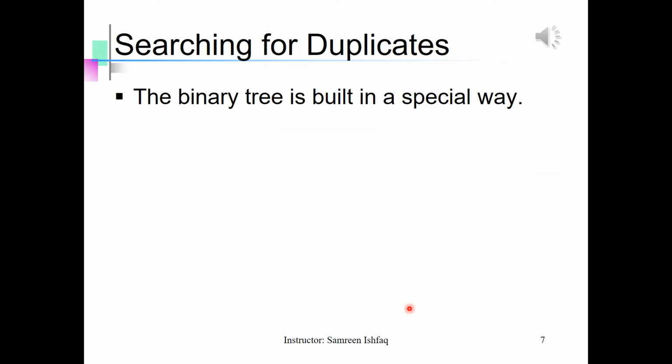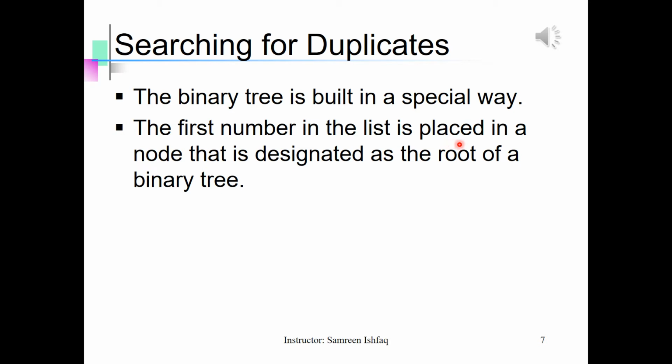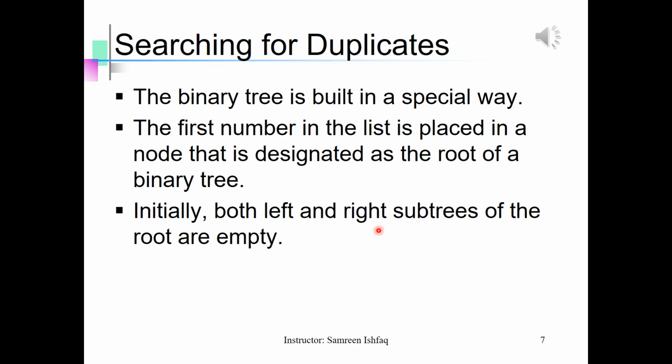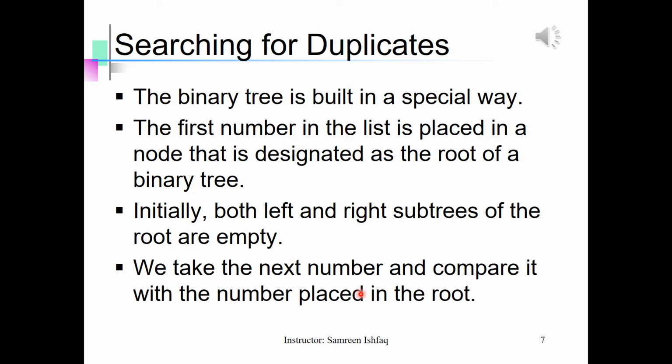While searching for duplicates, we are going to build a binary tree in a special way. The first number in the list is placed in a node that is designated as the root node of a binary tree. Initially, both the left and right subtrees of the root will be empty, and we will take the next number and compare it with the number placed in the root node.